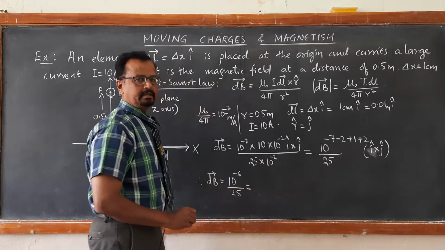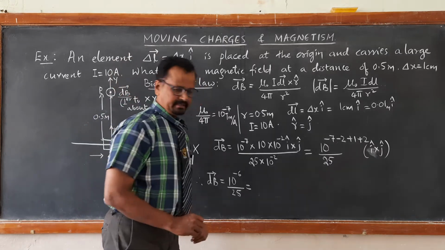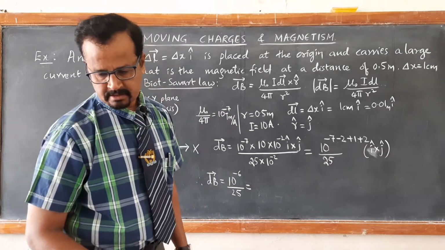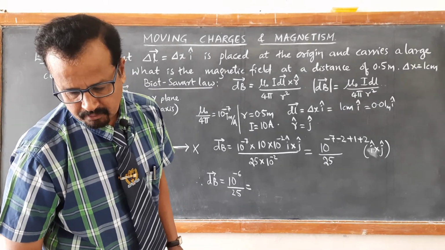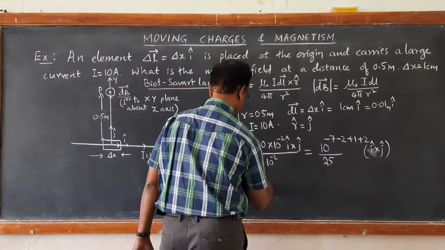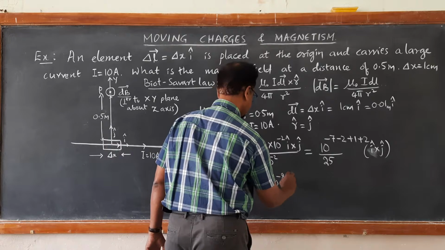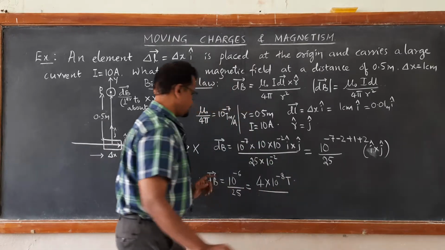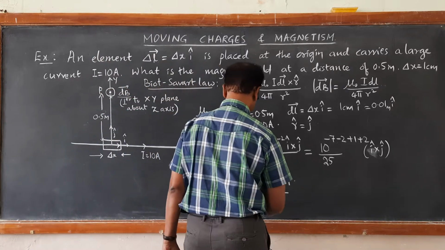So this can be further simplified. If you simplify this, the answer is about 4 into 10 to the power of minus 8. The answer is 4 into 10 to the power of minus 8 Tesla. So this is the magnetic field which is pointed about K cap.